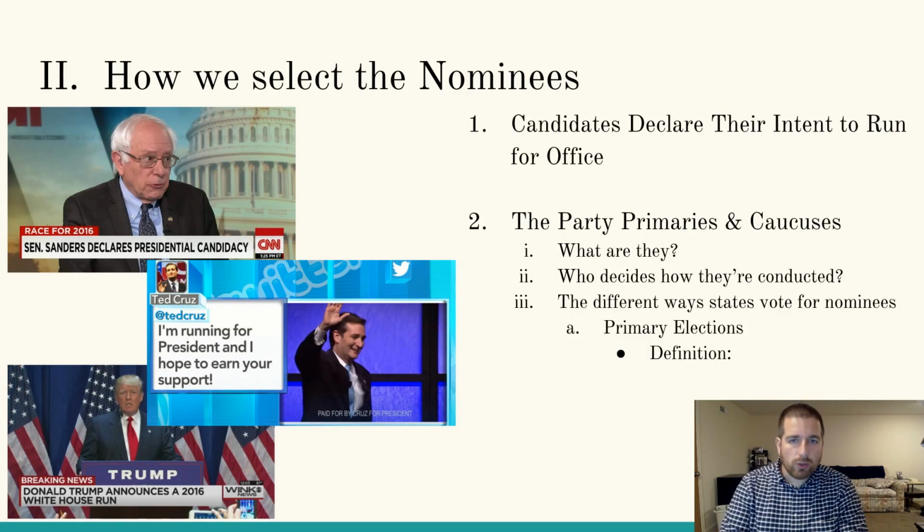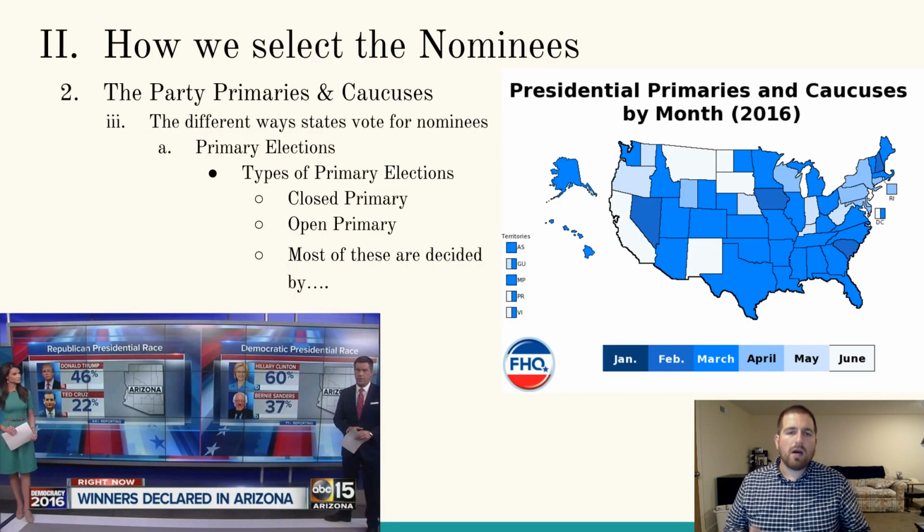I will walk into a voting booth. I will declare whether I am a Republican or a Democrat. In this scenario, I am declaring that I am a Republican. And then I will pick who I want to run as the nominee for the Republican Party. So that's how things would work in a primary election. It's private. No one knows who I voted for as long as I don't tell them. So that is the basis for what a primary election is.